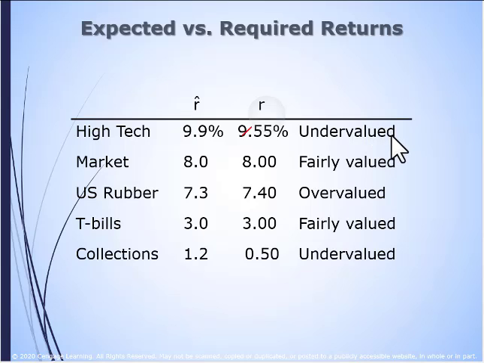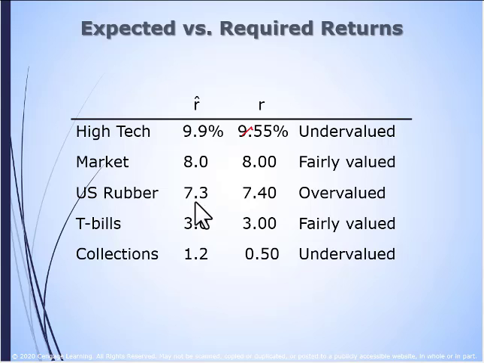So this risk-return trade-off that we've been talking about implies that if risk goes up, required returns go up. To get a higher return, the price that you purchased it at has to be a lower price. So the stock market earned 8%, you require 8%, it's fairly valued.